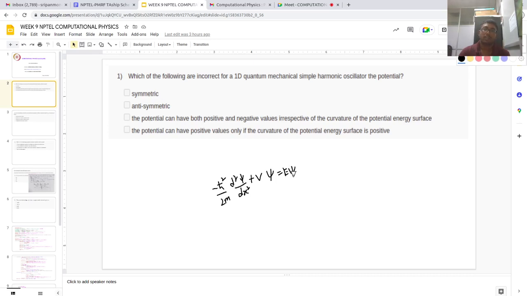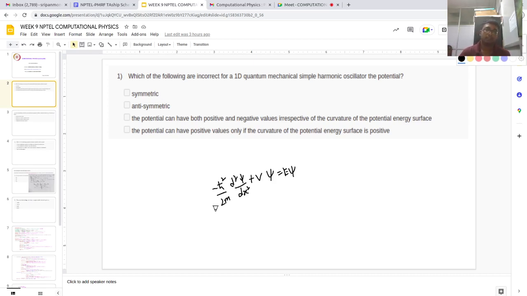Depending upon the potential and the energy of the particle, the wave function will have different forms. If energy is higher than the potential, then it will be a scattering state, and if energy is less than V, that means it will be a bound state. So from solving this equation, if we know the form of the potential, we can calculate the energy, and then we have to calculate the psi for different energy states, right?